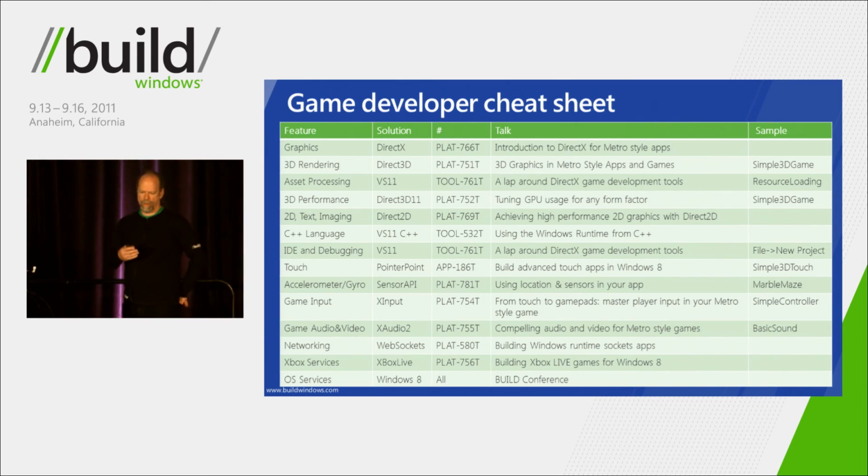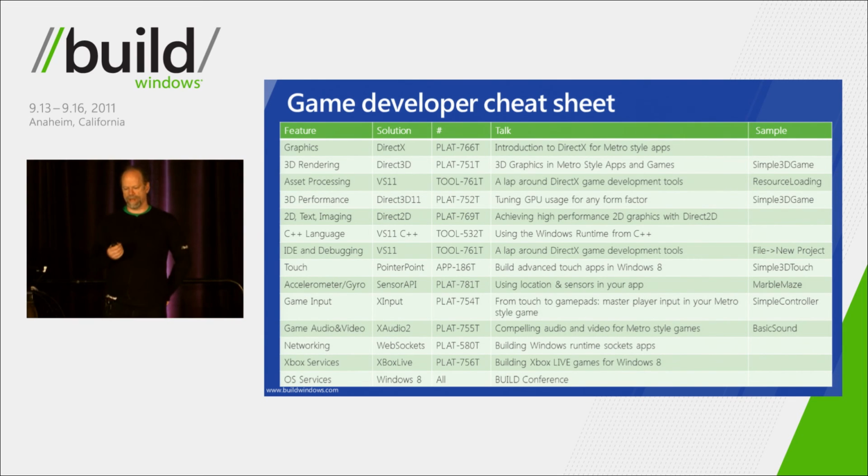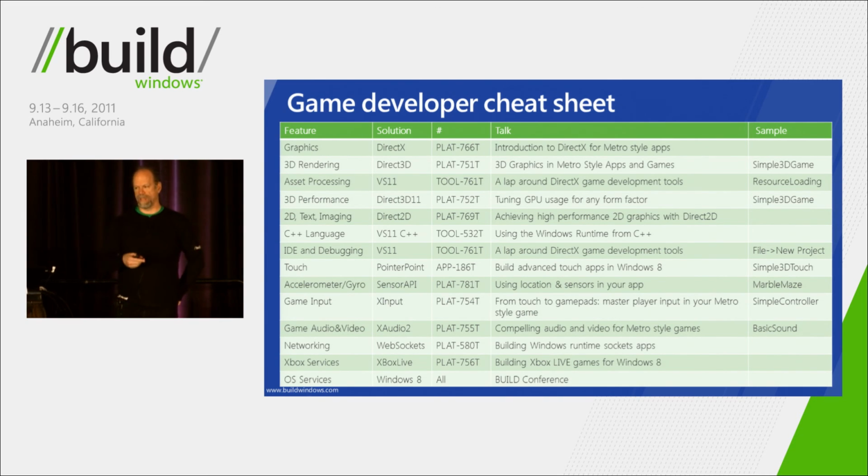So the thing I want to point out is that on that right-hand column, if you do something like go into your App Hub and you search for simple or 3D, or specifically in this case, resource loading, you'll get a whole set of probably about a half a dozen samples that demonstrate a lot of the technologies that we've got in this product today.